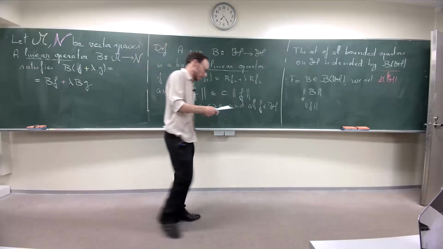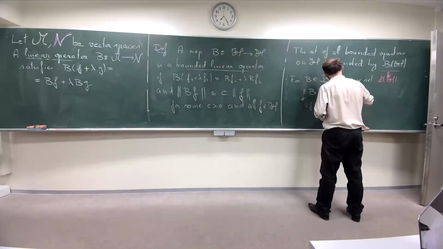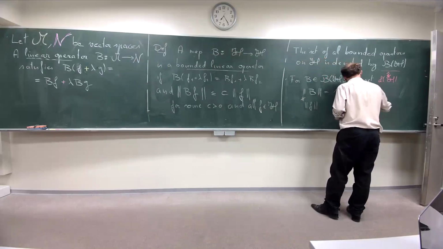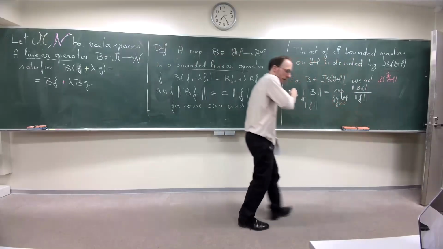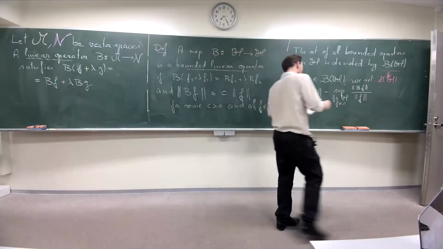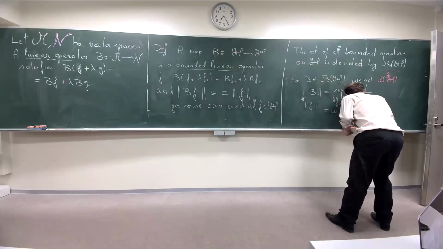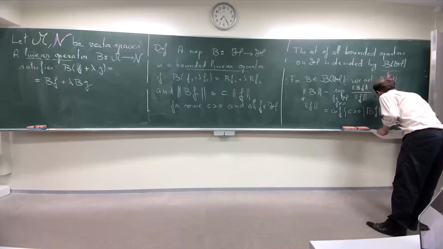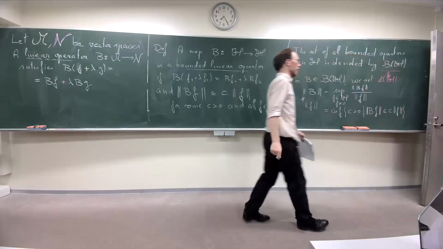So what is the definition? The same as I did before. It is either the sup of the norm of Bf divided by the norm of f for all f in H, f of course different from 0. This is if you go from below, but it is also the inf over all C bigger than 0 such that the norm of Bf is smaller or equal to C times the norm of f, for any f in H. These two things are the same.